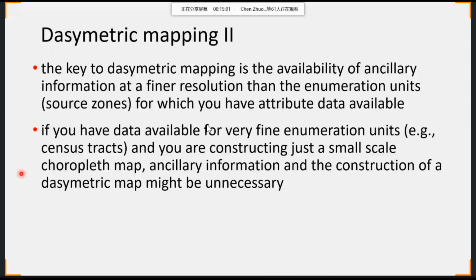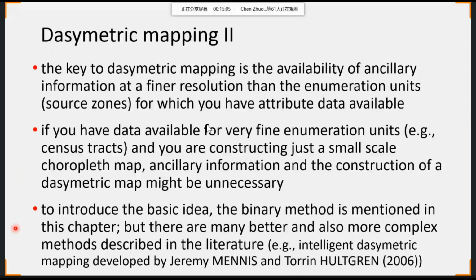To introduce the basic idea, the binary method is mentioned in this chapter, but there are many better and also more complex methods described in the literature. Just to mention the intelligent dasymetric mapping developed by Jeremy Mennis and Torrin Hultgren. So if you're interested, you can study this in more detail.